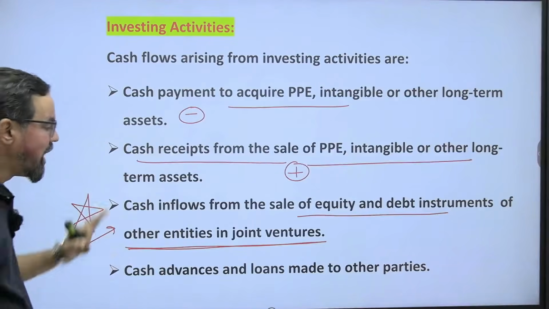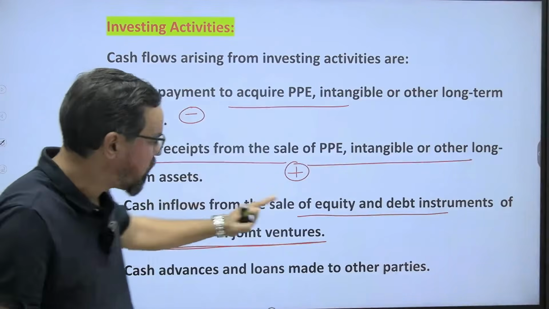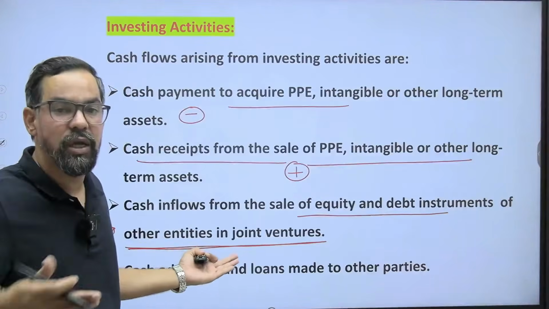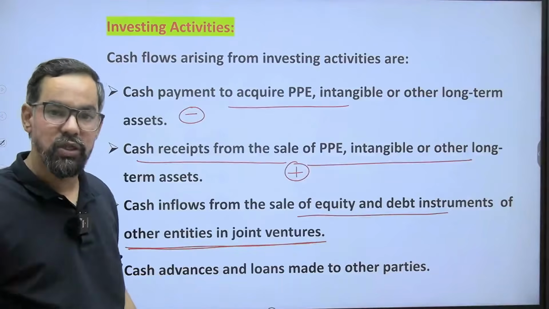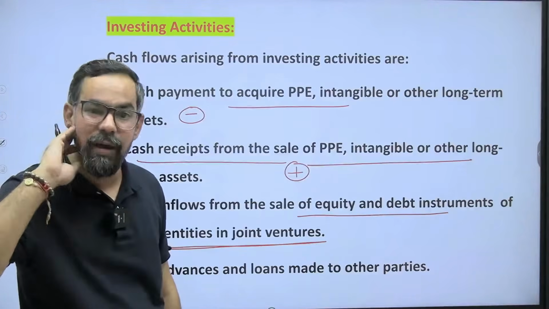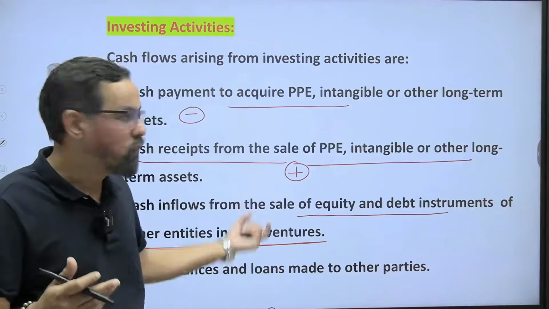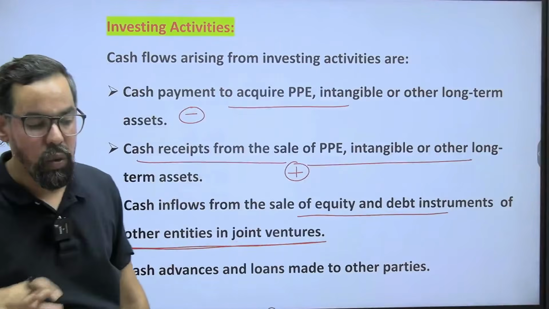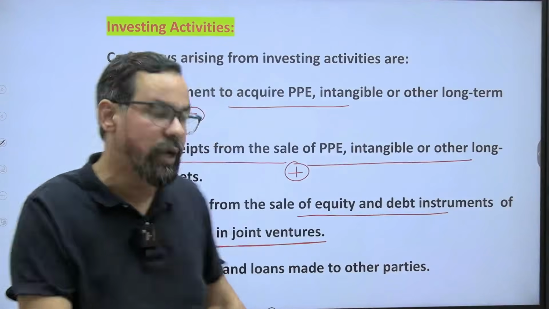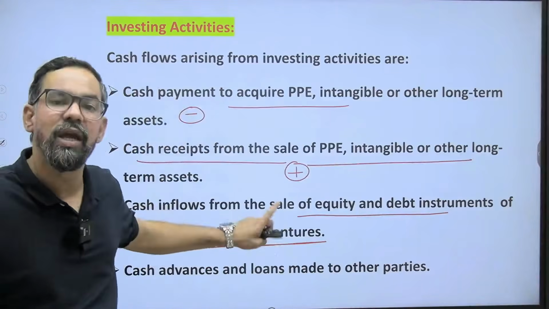Cash inflow from sale of equity instruments of other companies. Let's say you are XYZ company and you purchase shares of ABC company. That is an outflow from investing activities. You already own shares of Reliance and you sell those during that period. So that is your inflow from investing activities.